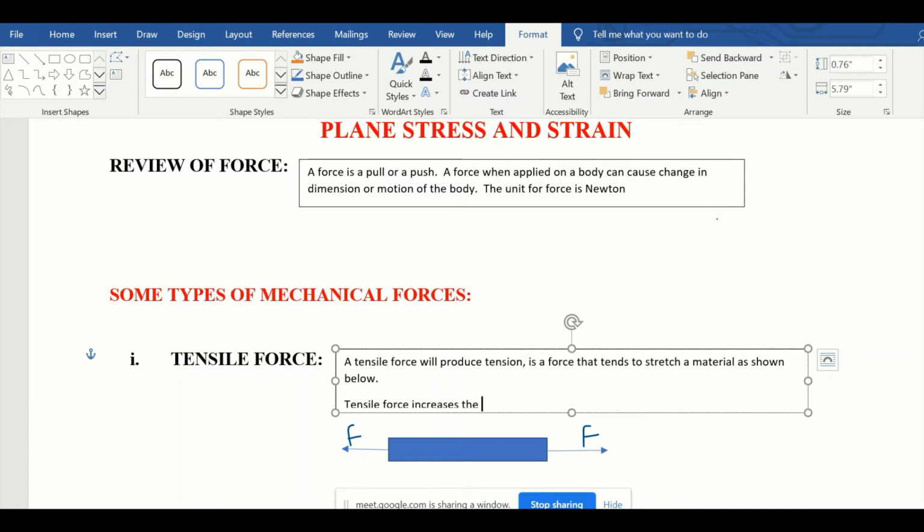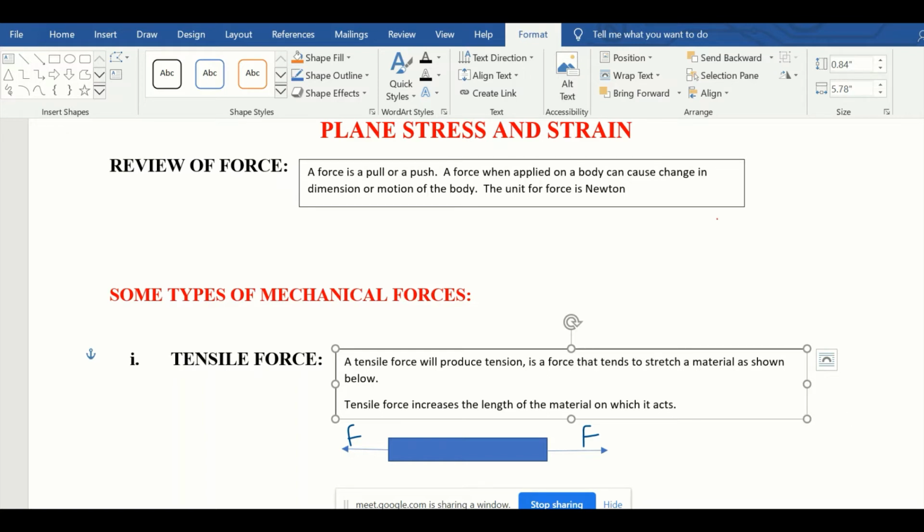Very, very important. So because the force is stretching the material, it tends to increase the length of that material. That is the effect of tensile force.